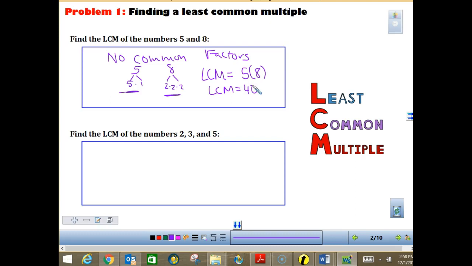So looking at 2, 3, and 5, do they have anything in common? Factors, not multiples. Factors, Jamie. We're talking factors. 2 and 1, right? This has 3 and 1. They only have 1 in common and 5 and 1, right? They have nothing in common except 1. So how do we find the least common multiple? We are going to take the 2 times the 3 times the 5.